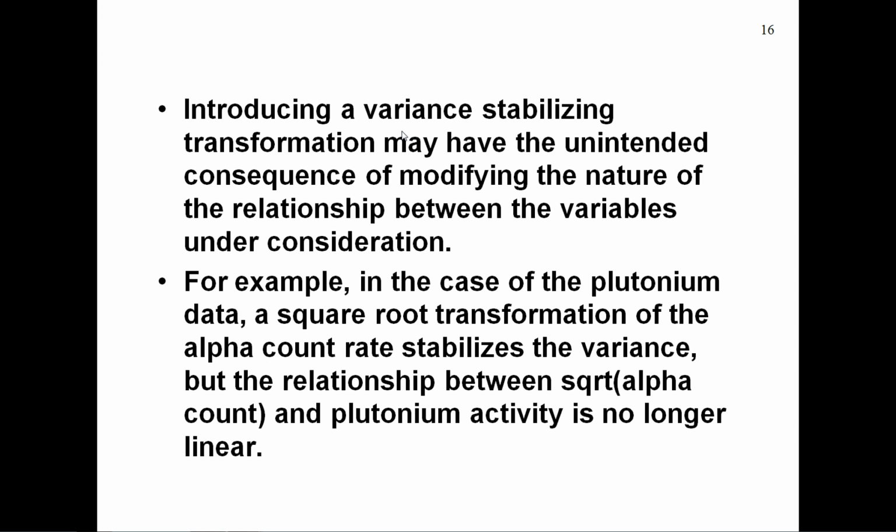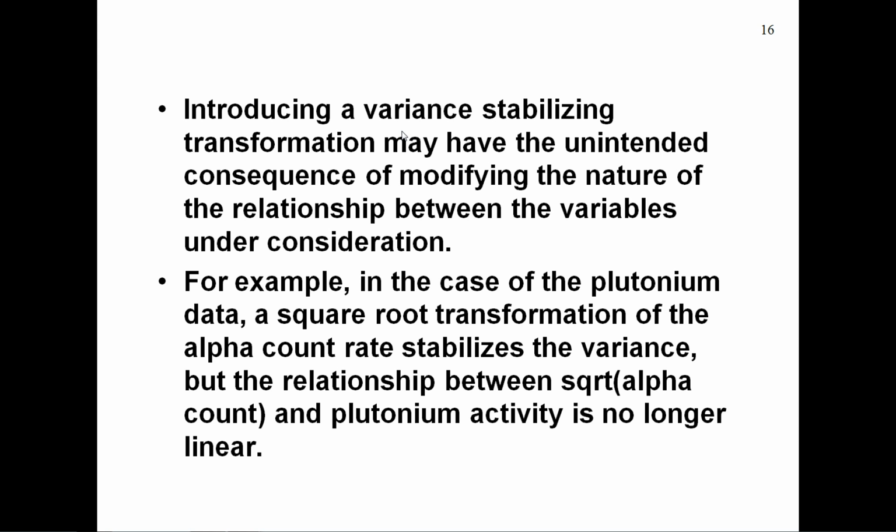In fact, in this particular data set, if we take a square root transformation, which would clearly reduce the variance at higher levels of plutonium activity, because the square root of 100, for example, is 10, and the square root of 10 is about 3, and 3 and 10 are a lot closer than 10 and 100. So a square root transformation is a good one to stabilize variance.